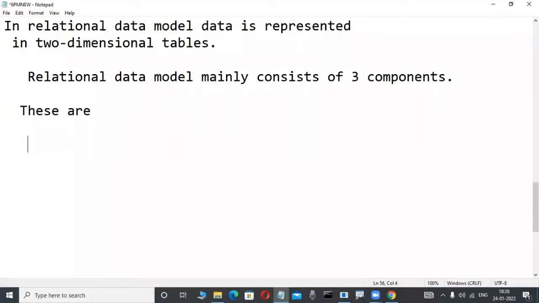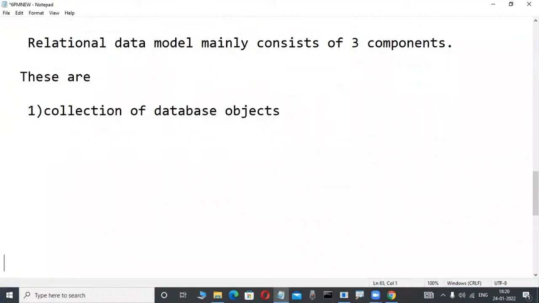Concentrate here. What is the first one? A simple collection of database objects. In software like Oracle, SQL Server, DB2, a collection of database objects is available. What is this? That is what we learn daily.